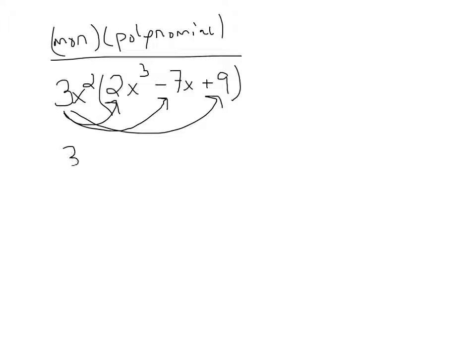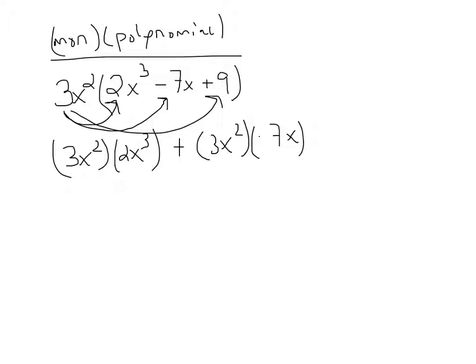So if we were to write it all out, which we won't do every time, but maybe we'll do here the first time, we're going to multiply 3x squared times 2x cubed. Then we're going to multiply 3x squared times negative 7x. And then we're going to multiply 3x squared times 9. Now, by all means, if it helps you to write that out, you should.